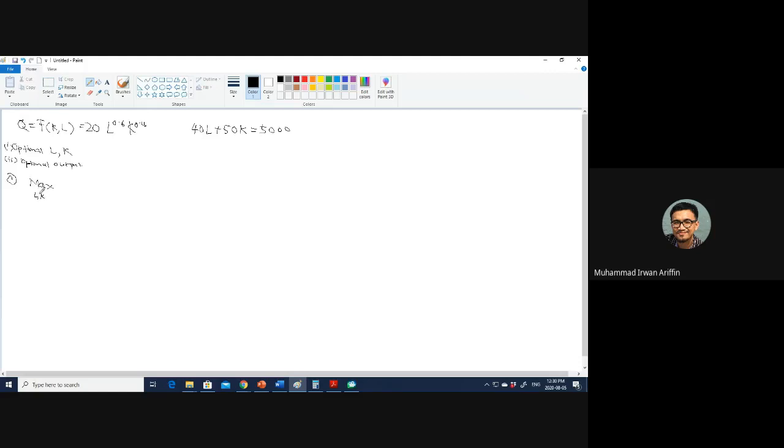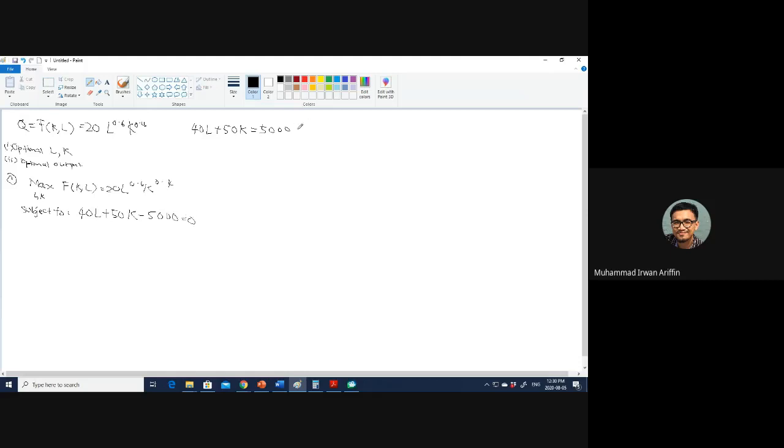I always like to write the variables of interest under this notation. So these are the two variables that we want to maximize. F is our production function, which depends on two inputs, labor and capital, subject to 40L plus 50K minus 5,000 equals 0.